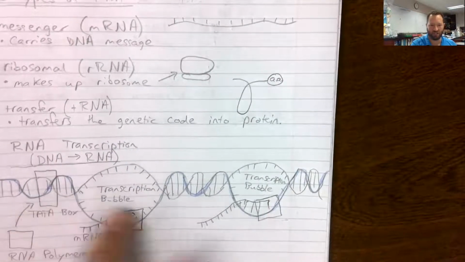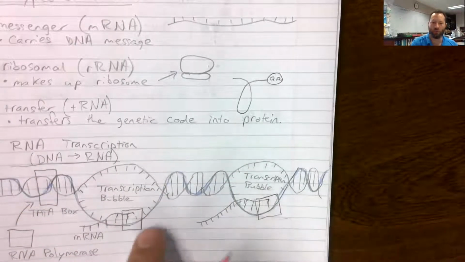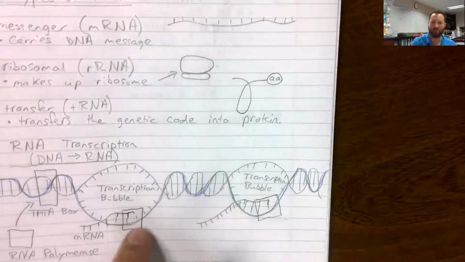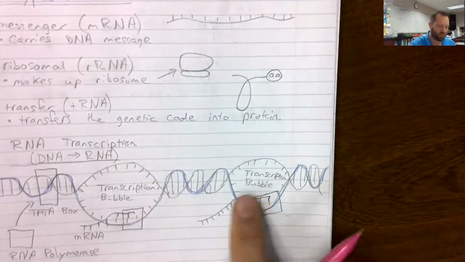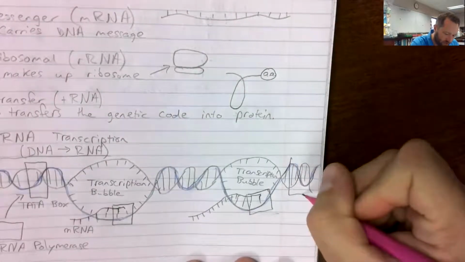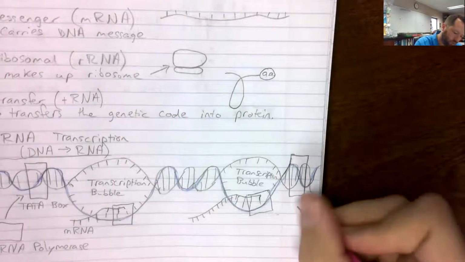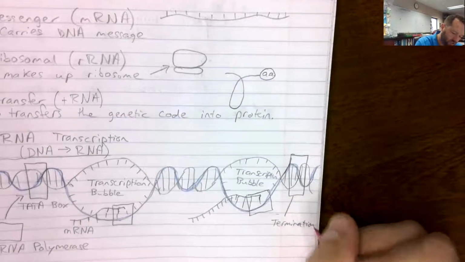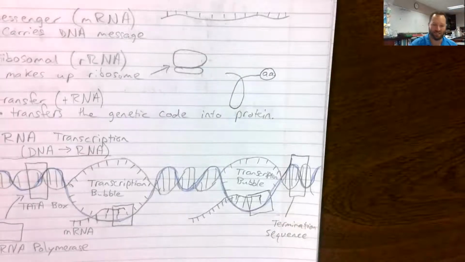He started here just like this guy is about to, but he's gone all through this area. Whereas the mRNA here is not as long because this RNA polymerase is only a little bit into it. He only just started. So this one has a longer mRNA strand, and he's about to get to the end. Right here is going to be another sequence of DNA that we are going to call the termination sequence, which is exactly as it sounds.